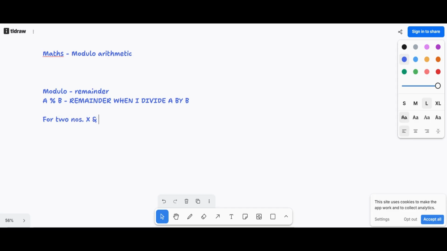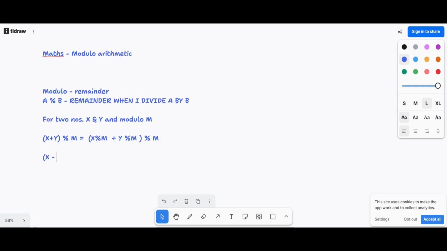x and y, and I'm considering modulo as capital M over here, for modulo m, (x plus y) whole modulo m is nothing but, you can apply this modulo separately: x modulo m plus y modulo m, whole modulo m.